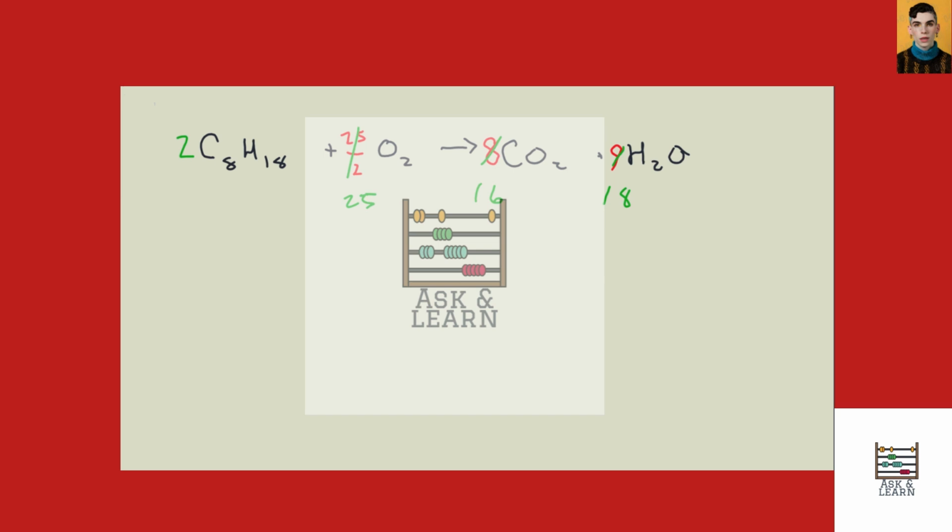So part B is saying that if we assume that gasoline is 100% isooctane, and the density of isooctane is 0.792 grams per milliliter, then the question is, what mass of CO2 in kilograms is produced by burning 4.6 times 10 to the 10th liters?